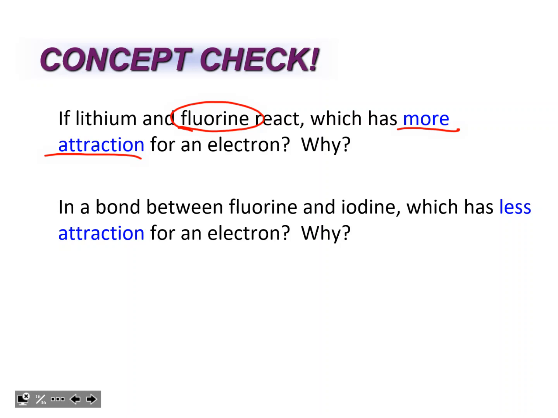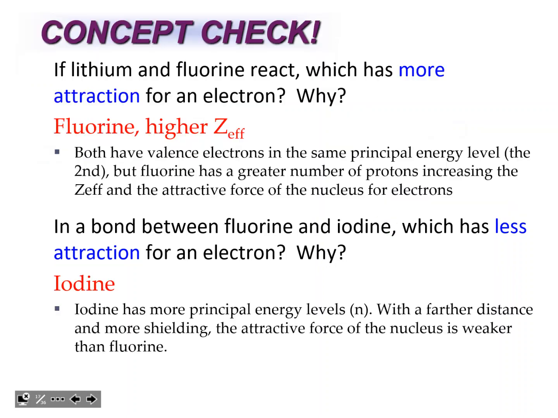In a bond between fluorine and iodine, which has less attraction for an electron? Iodine is going to, okay? Now if you're comparing iodine with fluorine here, that's going down the group. So really the comparison between iodine and fluorine has to do with the more principal energy levels, the farther distance, and the more shielding, which weakens the force of the attraction.